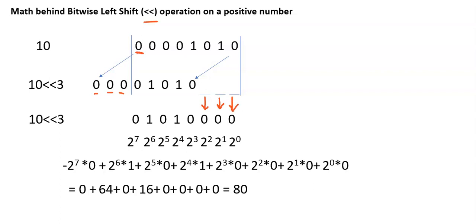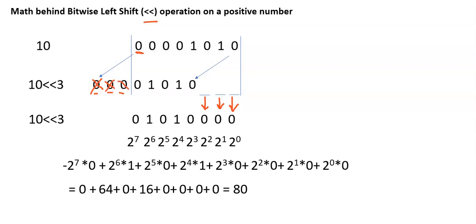Now, as the register size is limited, and I am representing it in an 8-bit register, see here, 8 bits are completed and these are exceeding bits. These are the bits which are exceeding the register size. These bits are eliminated. These bits are not considered.